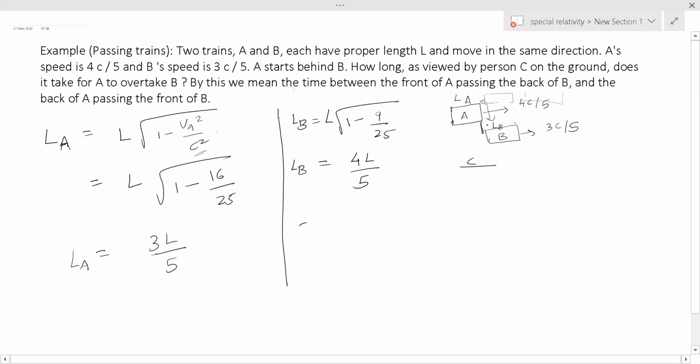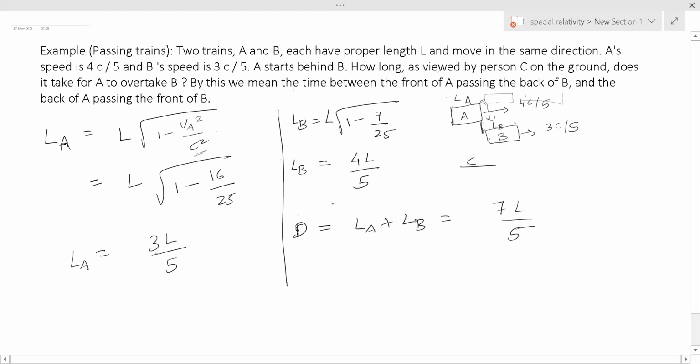By traveling a length LA, the train will reach here. Then it has to travel a length LB in order to completely overtake it. So the total distance to be traveled, let's say I write it as D, is LA plus LB, which is 7L by 5.